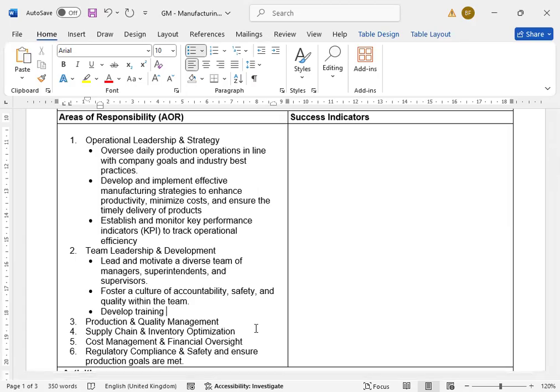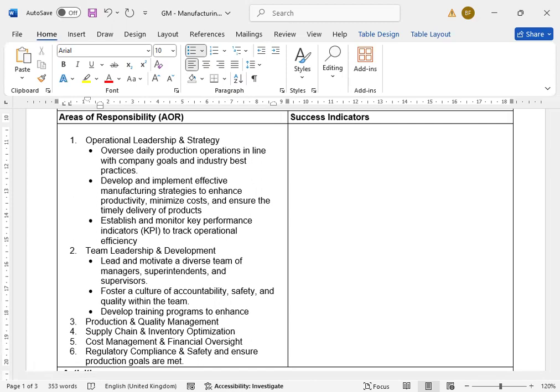So the training programs to enhance the skills and the knowledge of the people. It is a continuing process, the provision of training programs to provide the competency.